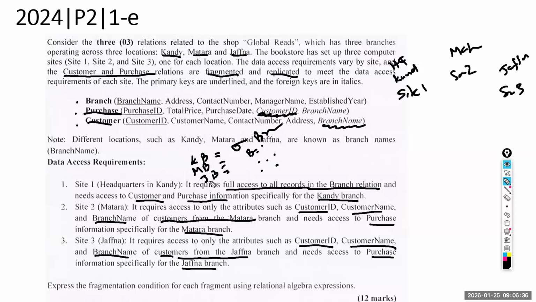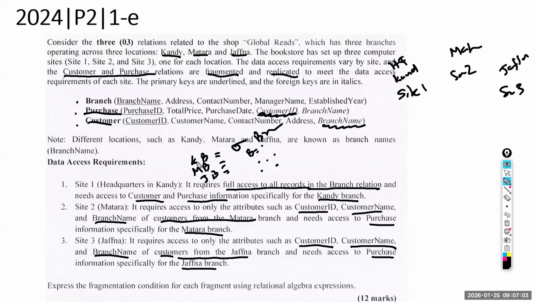Mathur branch and Jaffna branch fragmentation, because Mathur keeps only Mathur branch related data and Jaffna keeps only Jaffna branch related data for branch. Right, because Mathur must not be given access to Jaffna and Kandy branch details, and Jaffna must not be given access to Mathur and Kandy branch details.